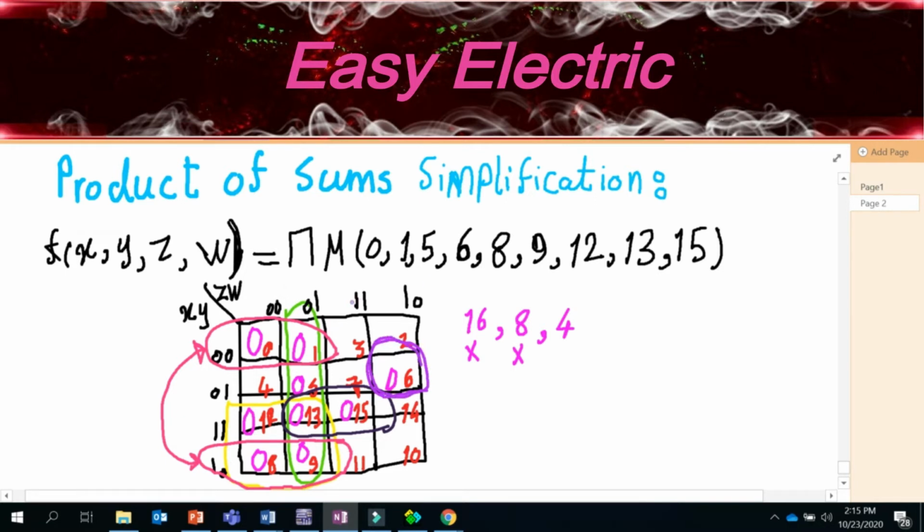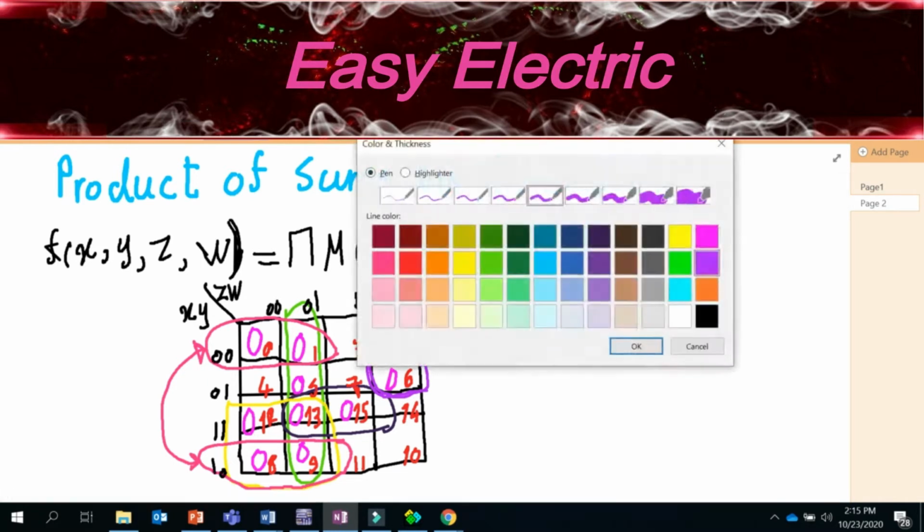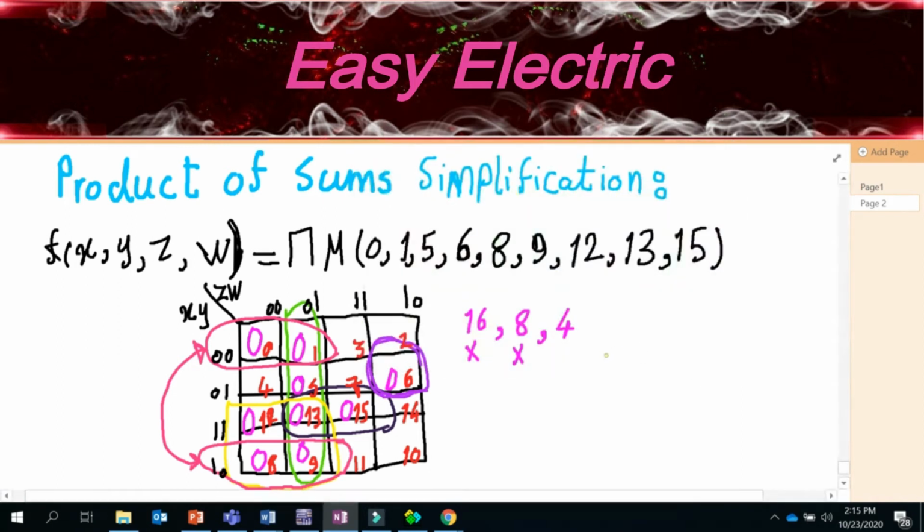Okay, so let's start to write the corresponding term for each of these groups. Just be careful whenever you do that, because the function is in the form of the product of the max terms. Again, the simplest form should be in the form of the product of the sums.